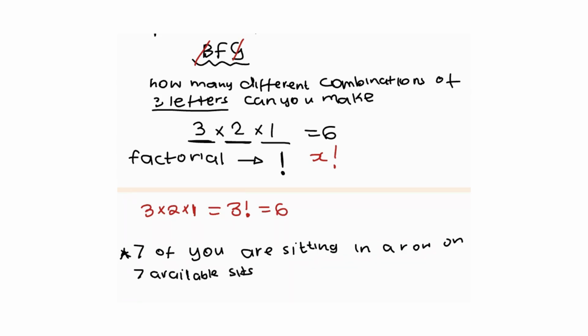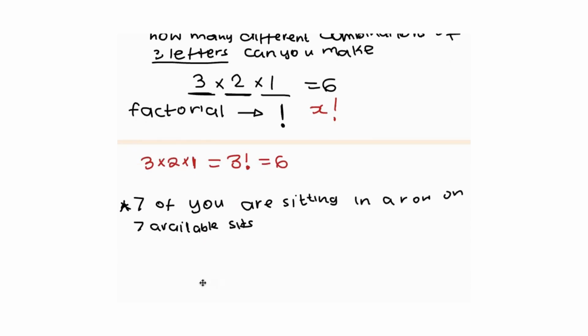So it's you and your friends. In total it's 7, you included. We have 7 chairs in a row, and you are sitting on those chairs. My question says, how many different ways can you and your friends sit?